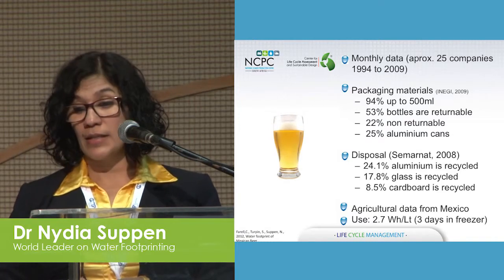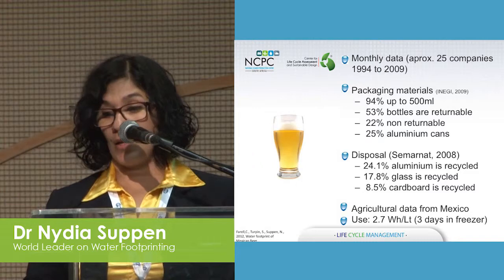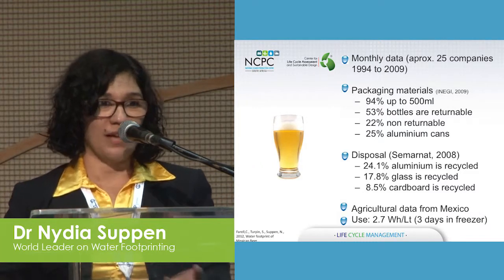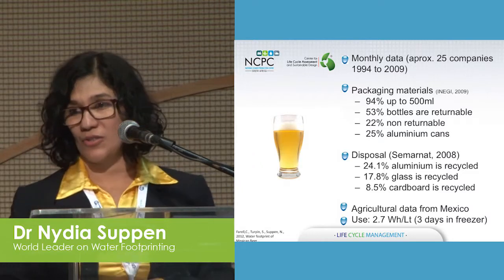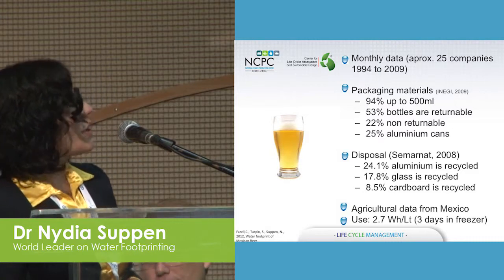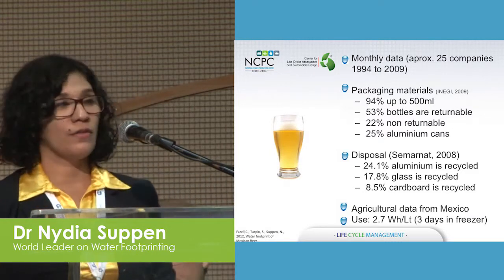Agricultural data was for Mexico, and we also considered the electricity generation because you don't want to drink beer that is not cold and nice for the hot weather in Mexico, so you need to use those. Okay, so the first part is how much water you use in each of these life cycle stages.